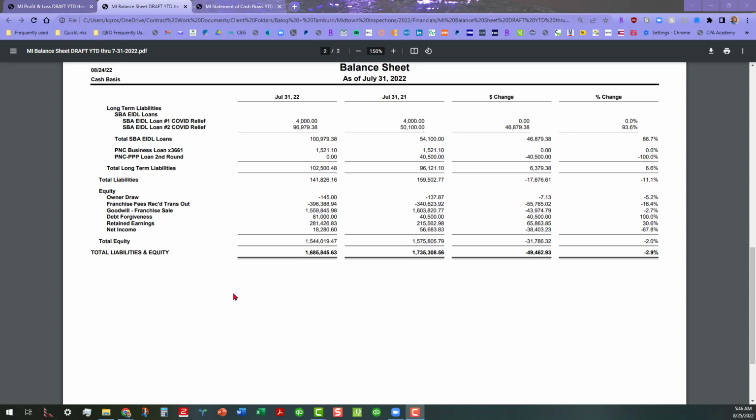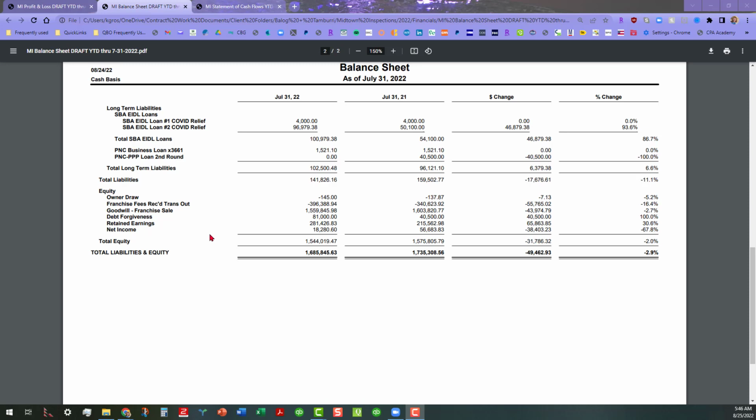Now our third thing here is the equity section. If you're looking at the equity section, a lot of times when owners are either sole proprietors or they're set up in a way where they take draws instead of direct payments, then that will also make a difference in your cash balance.